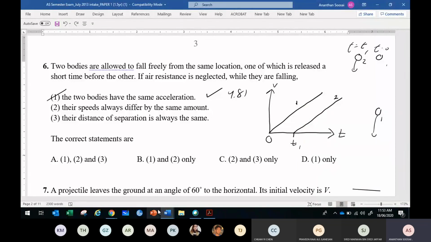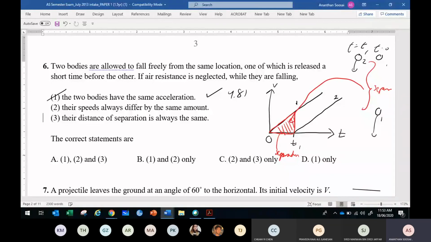You see, when the time is T1, which area is the separation? This is your separation now. This area is the separation between body 1 and body 2. Or in other words, in the diagram here, when 1 has already reached here, 2 has reached here, this is the separation.